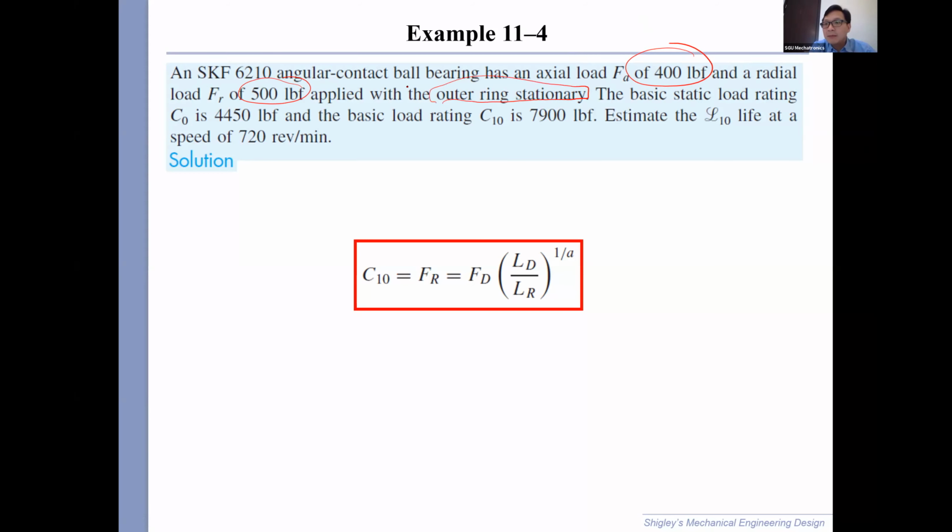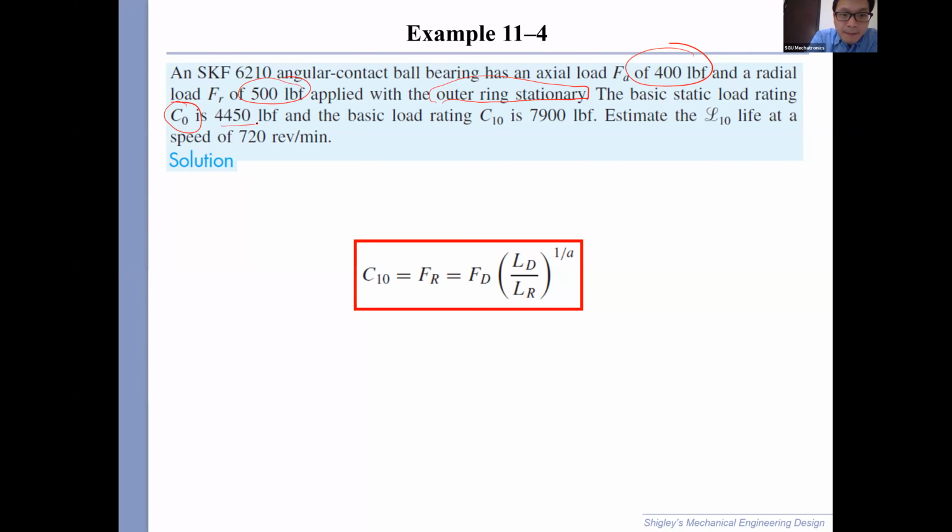At other times, instead of giving you outer ring or inner ring rotation, I might give you what is stationary, or I might give you a situation and you have to interpret whether it's the inner ring or outer ring. You're given the basic static load rating. Remember C0? This turns out to be used in the axial radial combination.